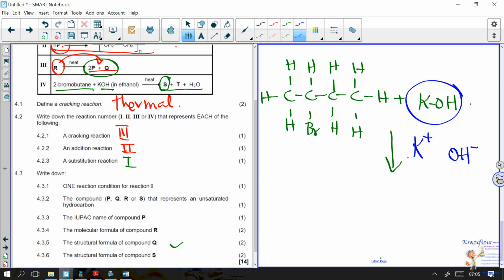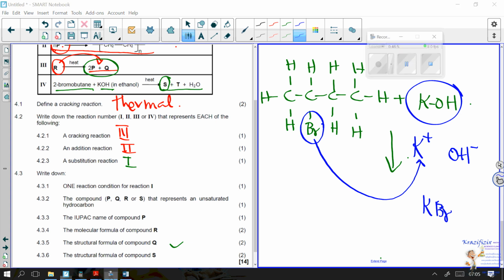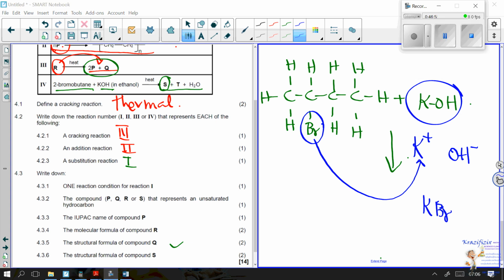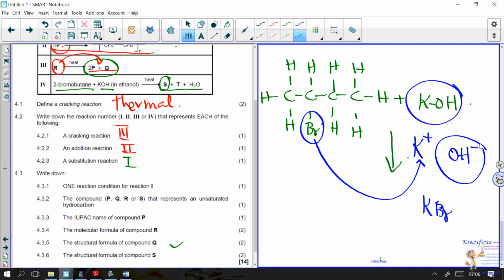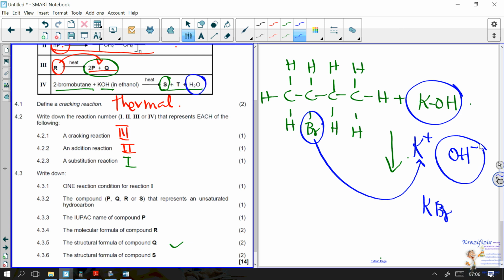When that happens, my bromide is automatically attracted to the K+, so I'm going to form KBr. Now I will need one hydrogen to react with my hydroxide ion because I have water. Do you see what is formed there?